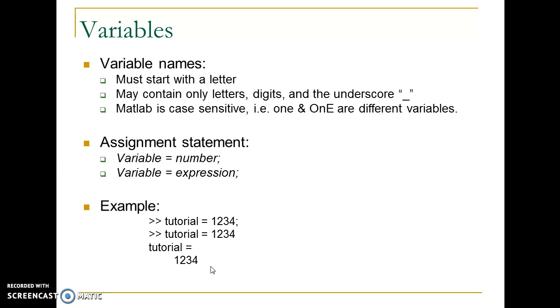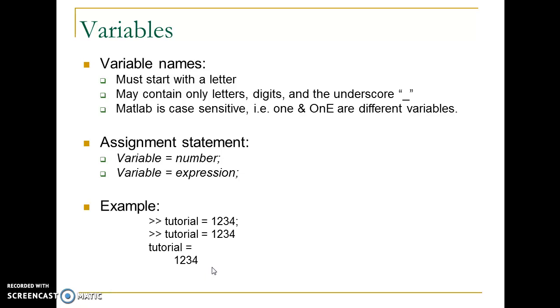Generally, we use variables for storing values as well as to store the result of processing. But if we don't assign any variable to return the value of a result, then MATLAB uses a special variable ans to hold the answer.